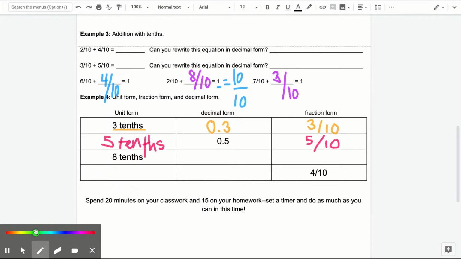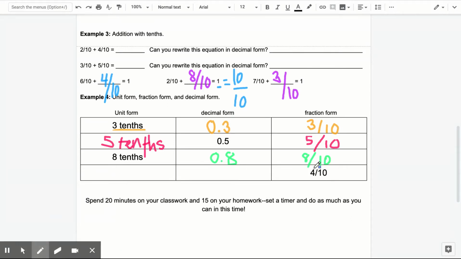All right, problem 3, we have 8/10. So I know that's going to look like 0.8 and 8/10. So right here, we are just practicing rewriting that same fractional number or that same value in 3 different ways, with unit form, with decimal form, and with fraction form.